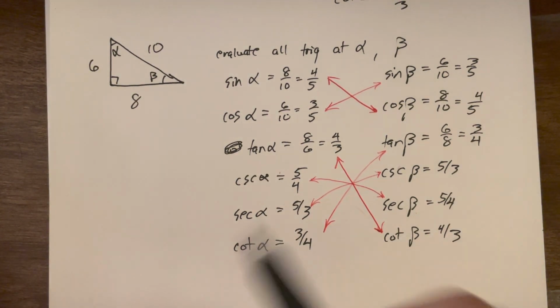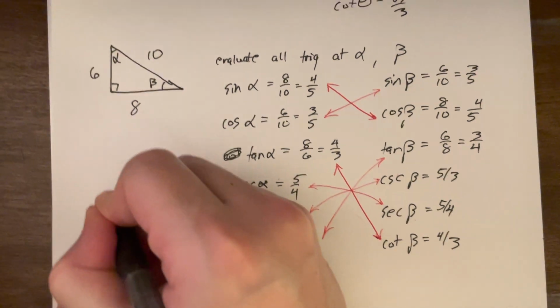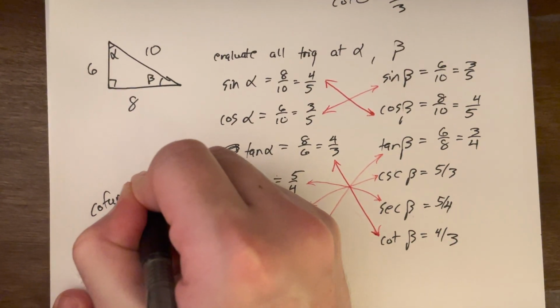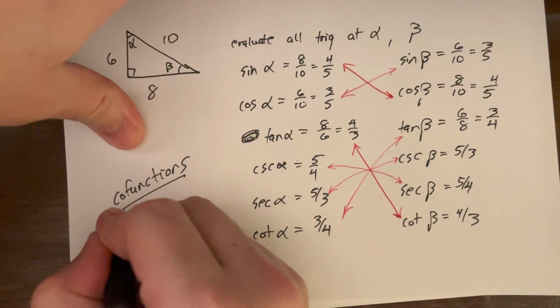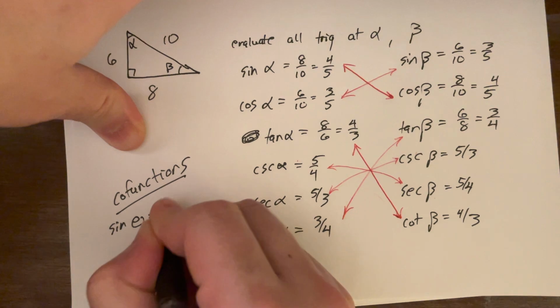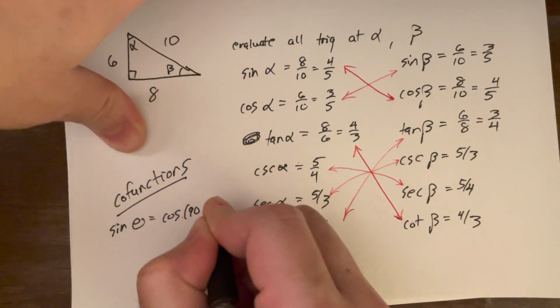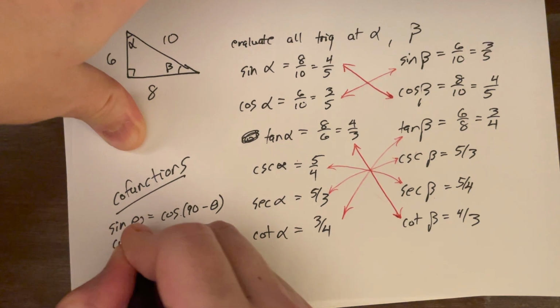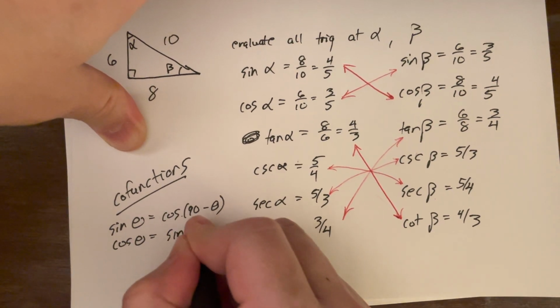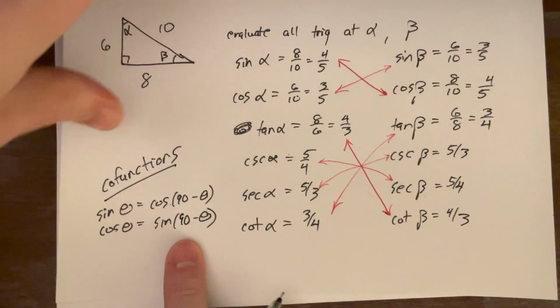This is what we call the cofunctions. That there's an established formula that sine of theta is always equal to cosine of 90 minus theta. Or vice versa, cosine of theta is equal to sine of 90 minus theta.